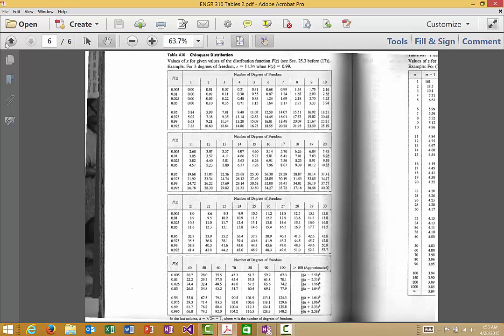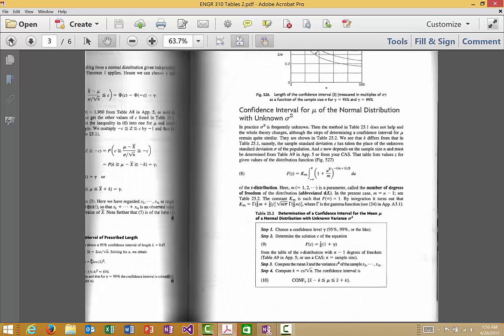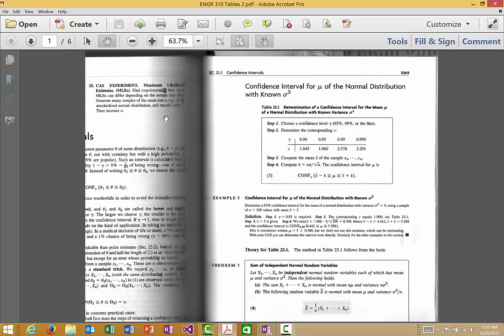So if you look in your textbook on page 1069, you see table 25.1, which says confidence interval for mu, that's the mean, of a normal distribution with known sigma squared, with known variance. And that's the situation we have here.